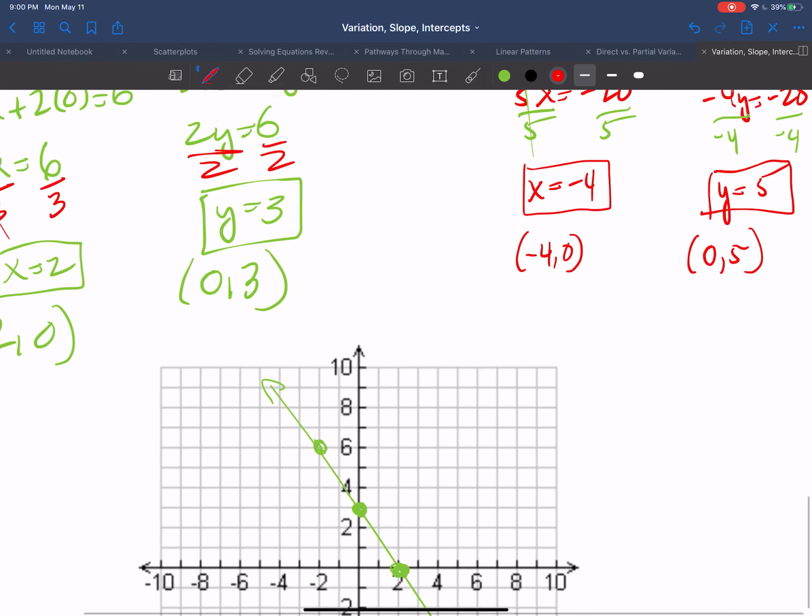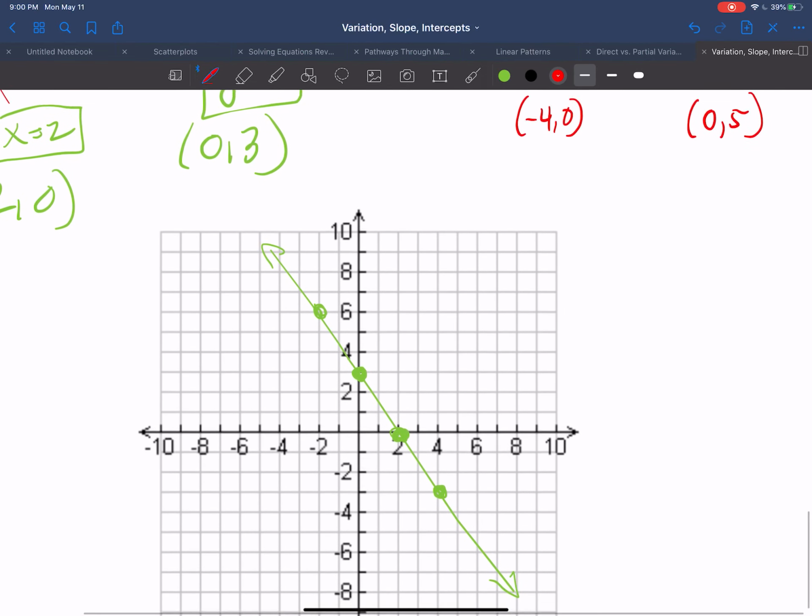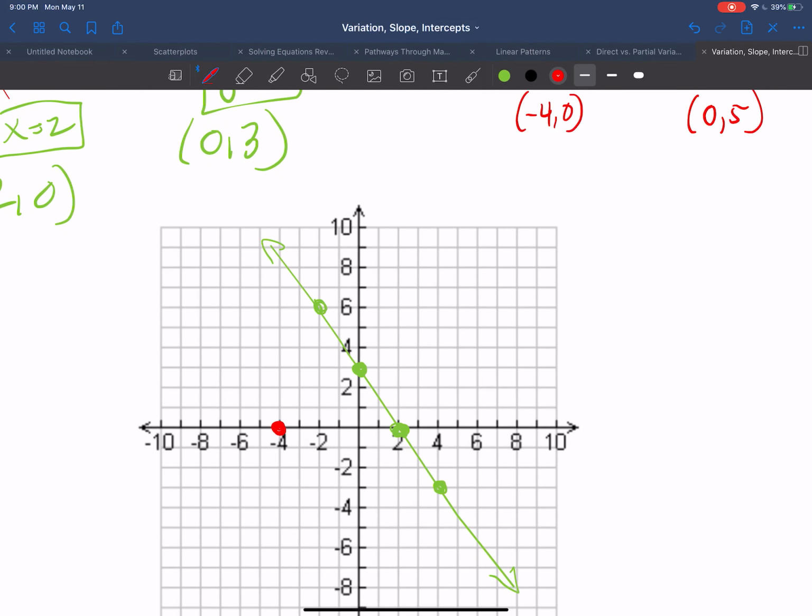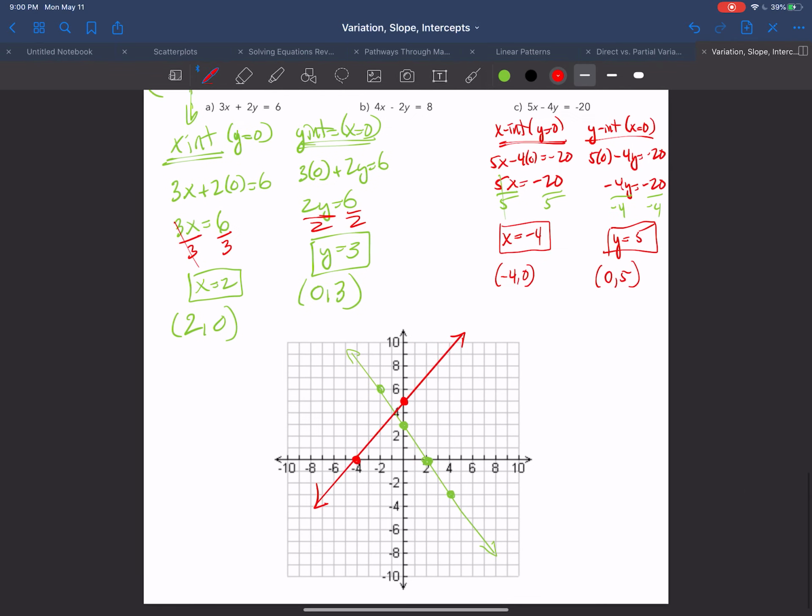If I go back to the graph, I can graph that. Negative 4, 0, 0, 5. Again, I could get more points, but really 2 points is all I need. There's my line. Here, as long as you connect your x and y intercepts, you're good to go.